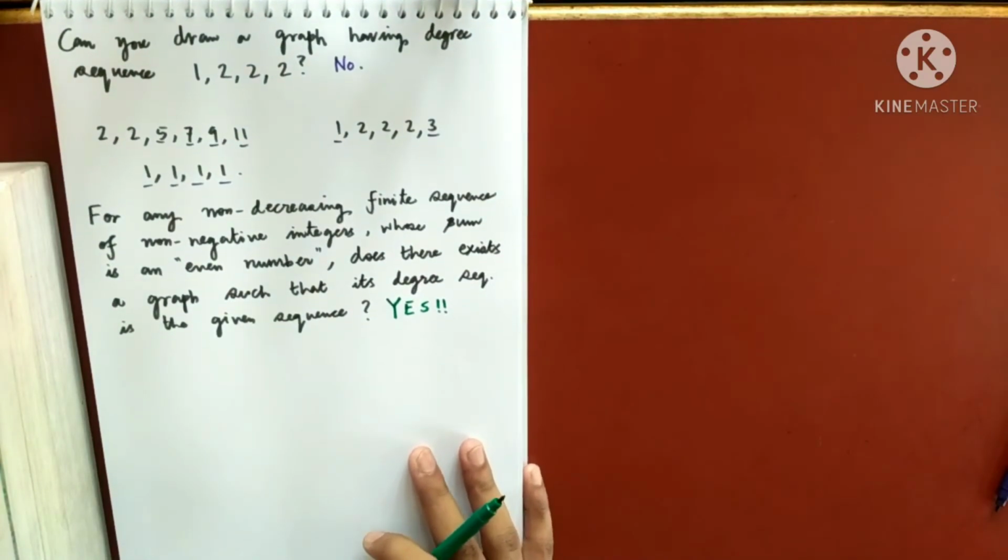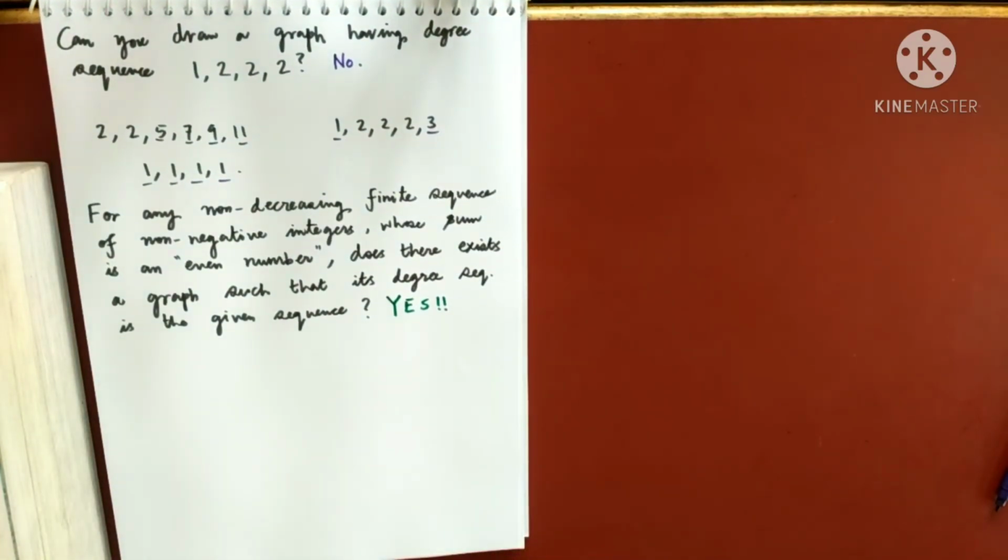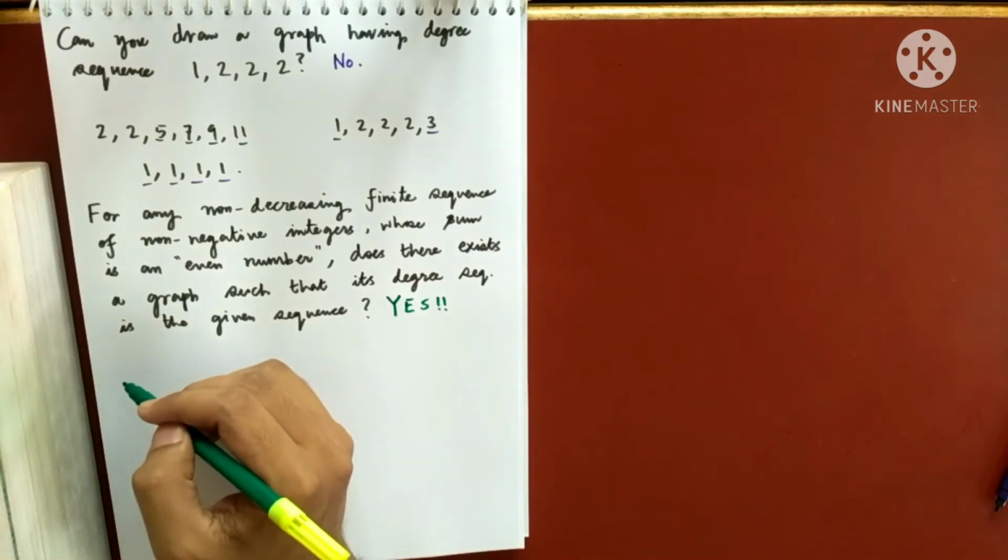Okay. Suppose I am writing any number. Just hold on for a minute. Suppose I am giving you a list of non-decreasing numbers like this.